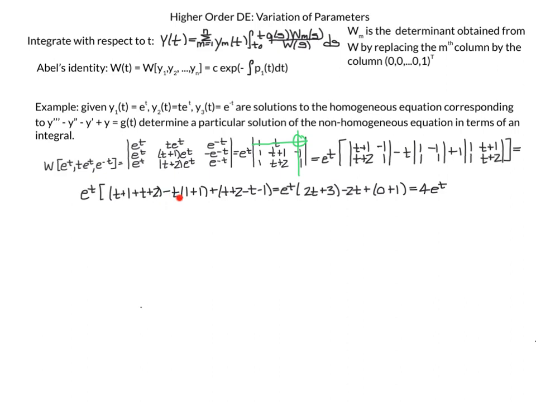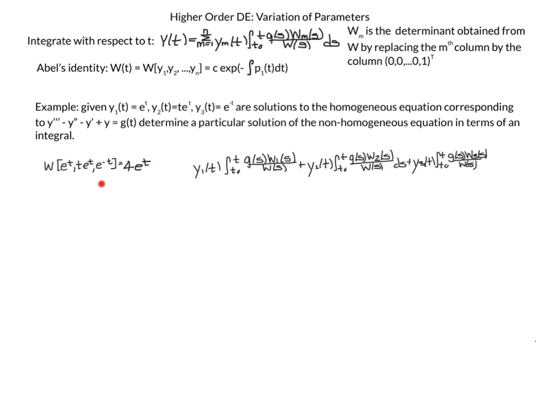Then we have our minus t, our 1 times 1, which is 1, minus negative 1 times 1, which gives us a positive 1, plus 1 times t plus 2 minus t plus 1 times 1, which is minus t minus 1. And what you see is we end up with 4e to the t for our Wronskian.